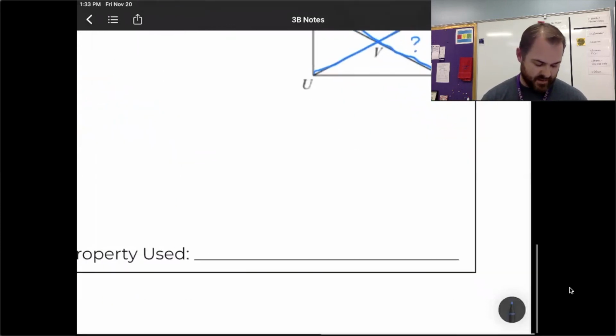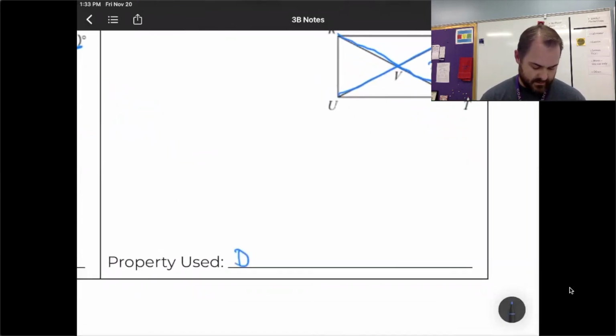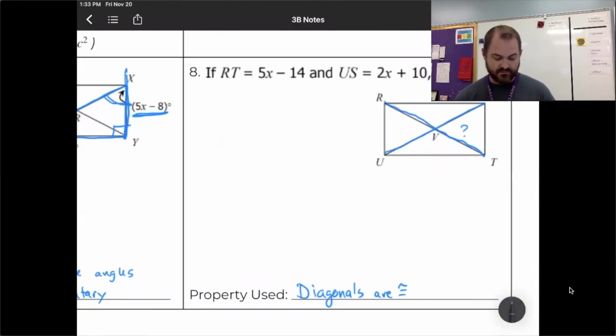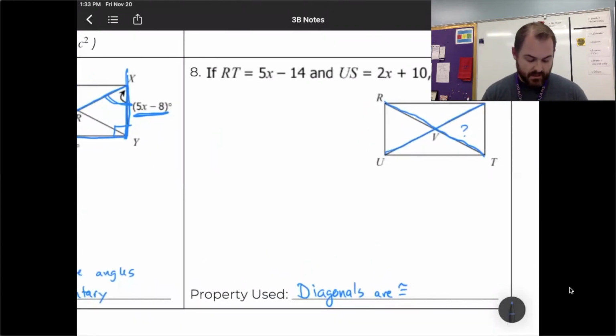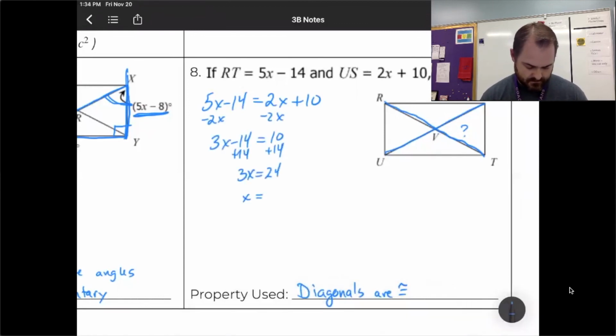I'm using the main property that diagonals are congruent. And so I set these two expressions equal to each other first to find x. So 5x minus 14, that diagonal length, has to equal the other diagonal length of 2x plus 10. Again, we'll speed up so we can solve the equation. And we get that x is 8.